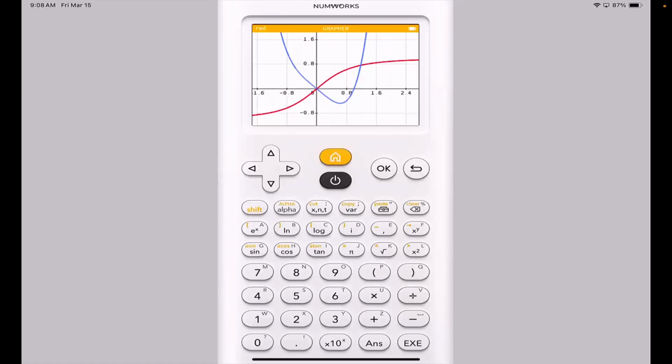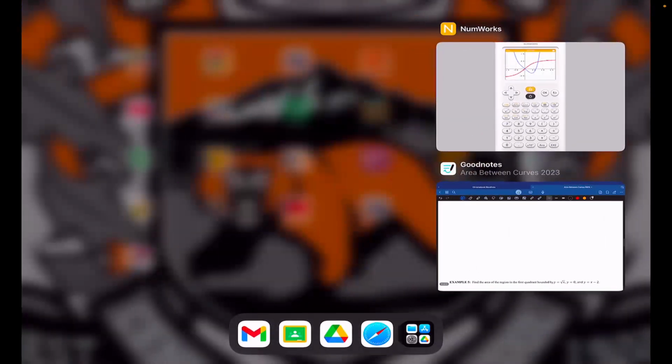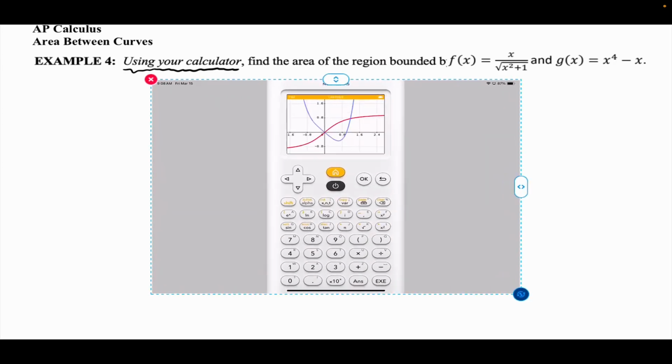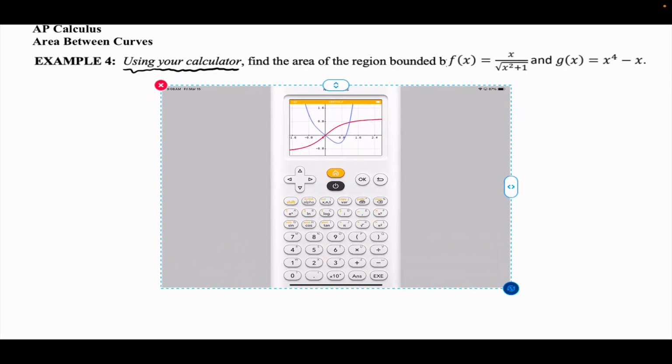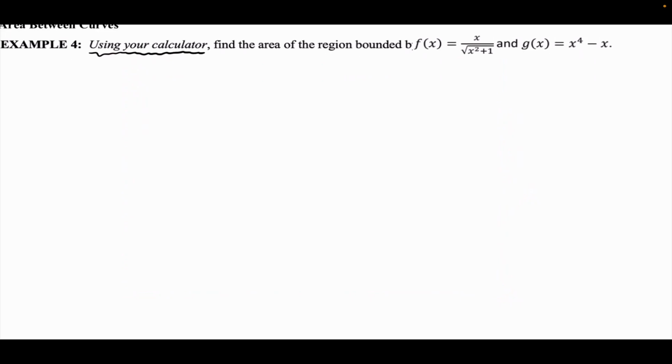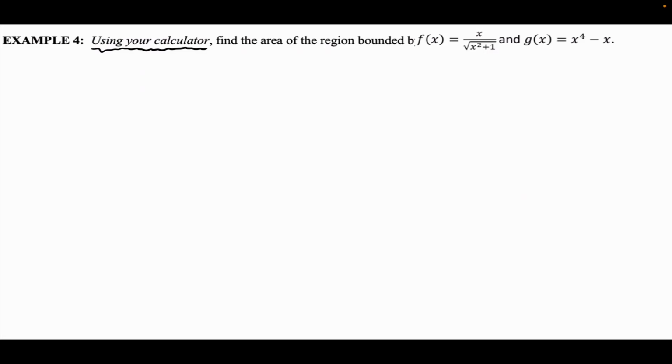Okay, so which one represents red? Or maybe it was a different color on your graph. So which one was the top? F of x or g of x?